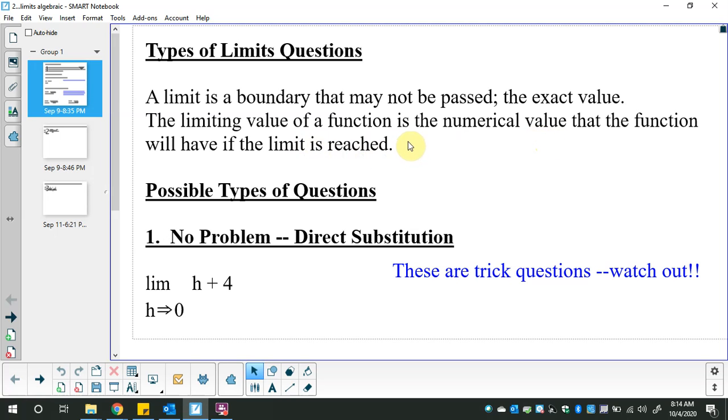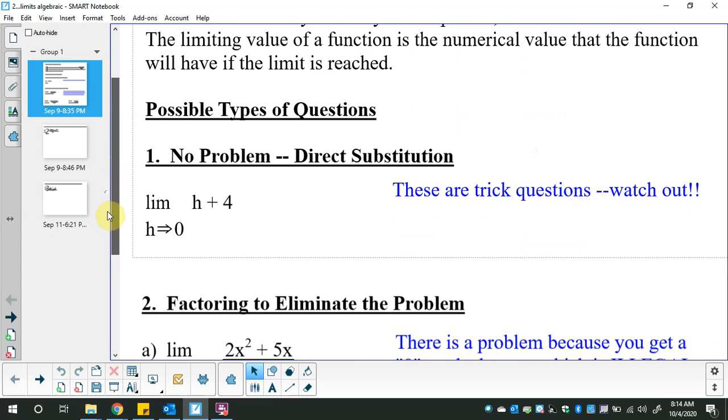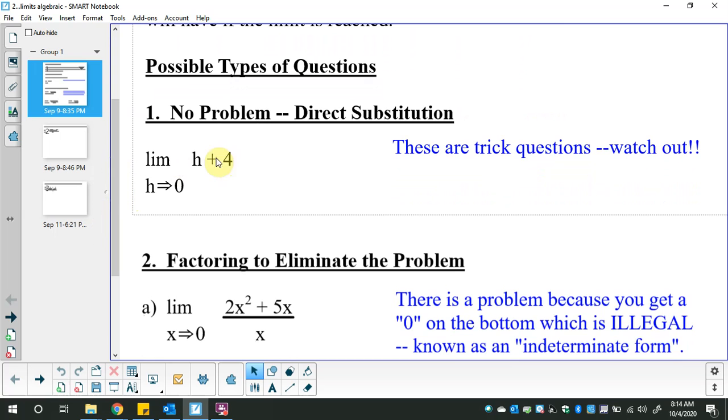So what happens in these questions is I give you an f at x, or in this case an f at h, and I ask you to substitute this number in for the h. And there are some problems, as in sometimes you can't sub the number in because of bad math. So if that's the case, then you have to fix it.